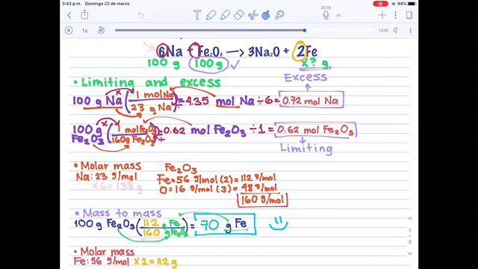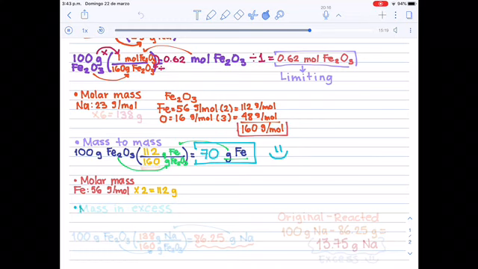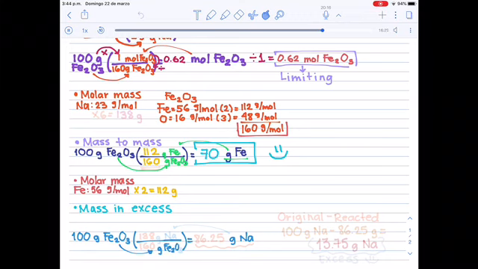To end with this problem, we now need to calculate the leftover, that is represented by the mass in excess. That means that we need to calculate the grams of sodium that were actually used, starting with the known, which are the 100 grams of iron 3 oxide, then we write the parentheses with the fraction, and we end with the grams of sodium. To complete the parentheses, we write the grams of iron 3 oxide down and write the grams of sodium in the upper part.